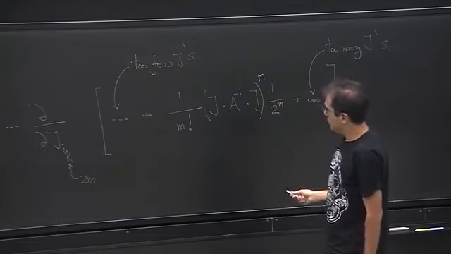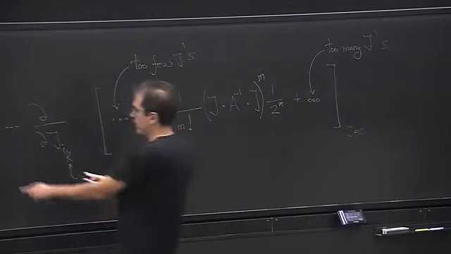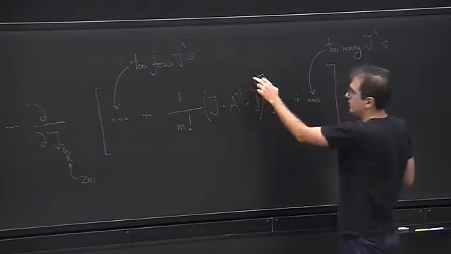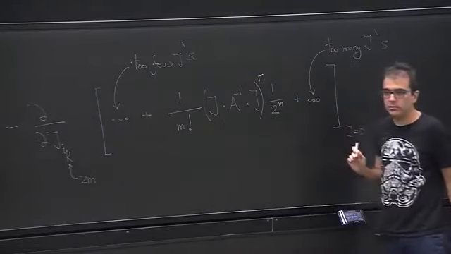And now you see what happens is that we have 2m derivatives that need to act on this polynomial of degree 2m in j.